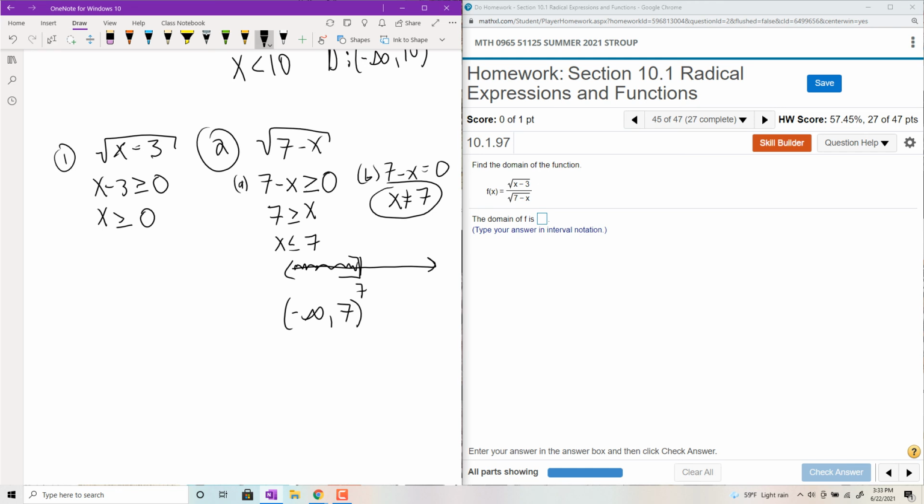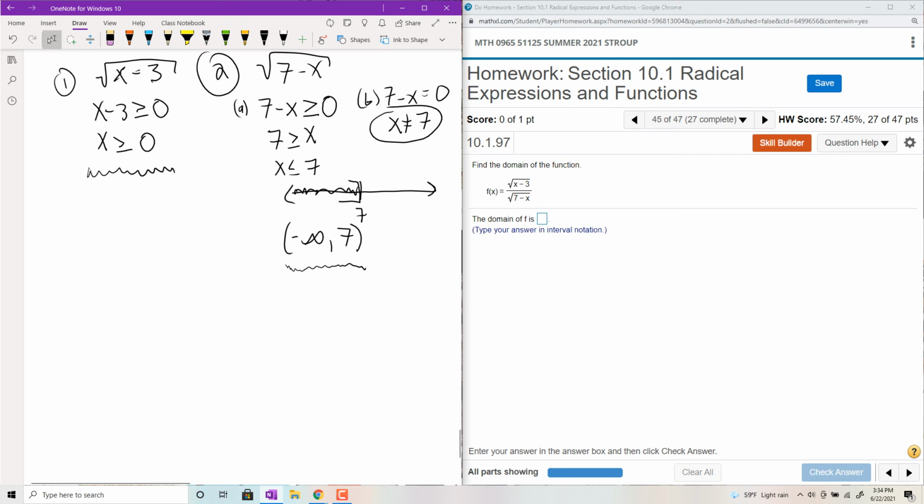Okay, but that's not quite it, right? Because we also have the condition from the first part. x needs to be greater than or equal to 3, and there are numbers in this interval that are not greater than or equal to 3. So what I usually do for these kinds of problems is make an overlap. Here is 7, 6, 5, 4, 3, 2, 1, 0, negative 1, negative 2, and then compare the numbers. From 3 to infinity, that's x greater than or equal to 3.